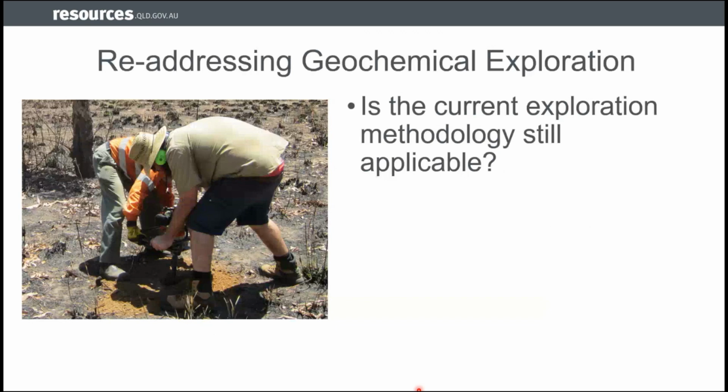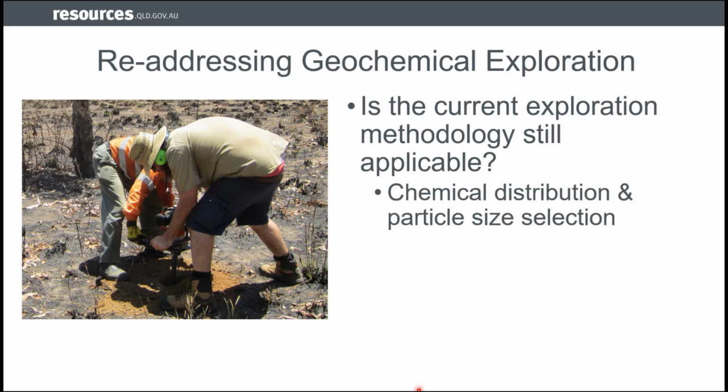Now, the next thing is this: we need to readdress geochemical exploration. I ask this question the third time: is the current exploration methodology still applicable? To answer that, I've looked at a couple of data sets.